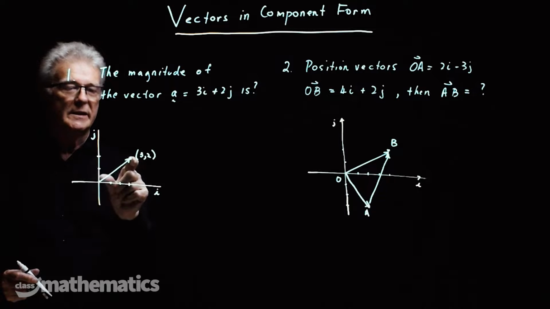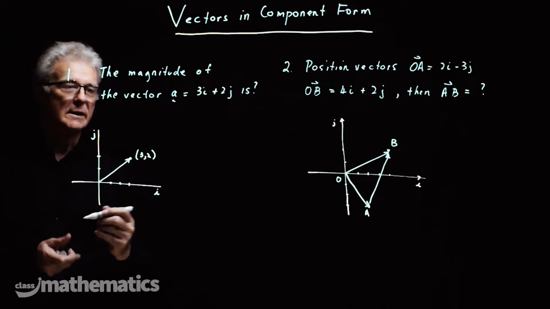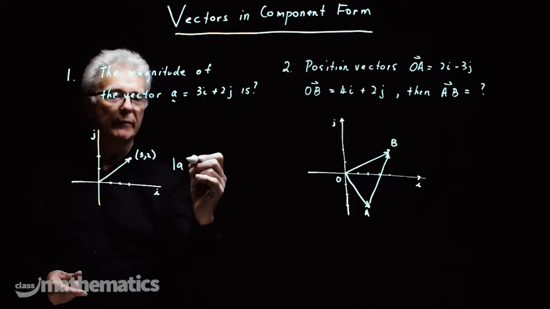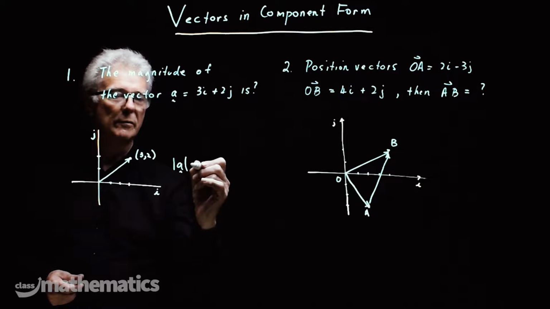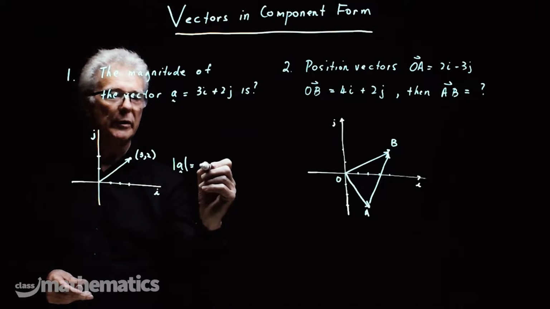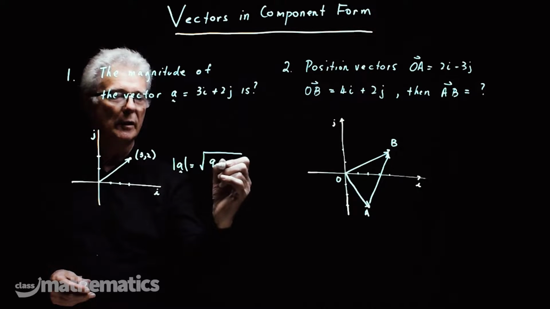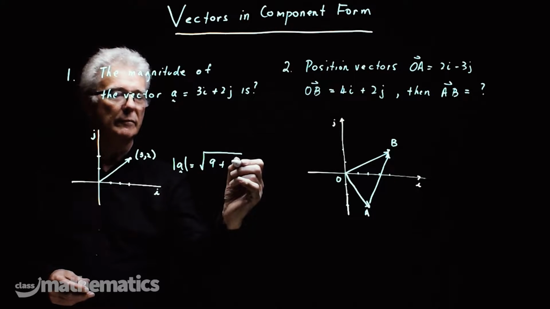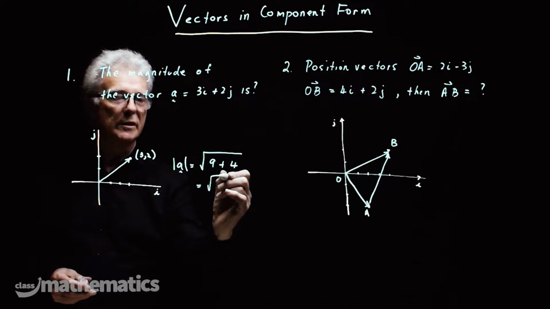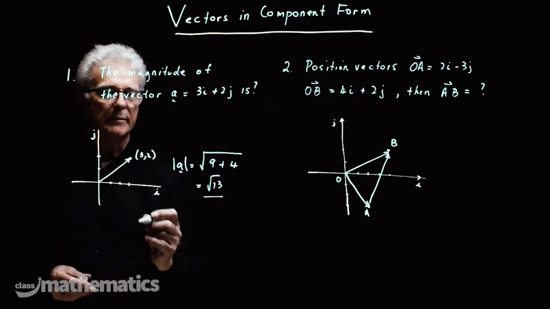Because to work out that distance, all we need to do is say that the magnitude of that vector is equal to the square root of 3 squared plus 2 squared. So that's going to be the square root of 13 is the magnitude of that vector.